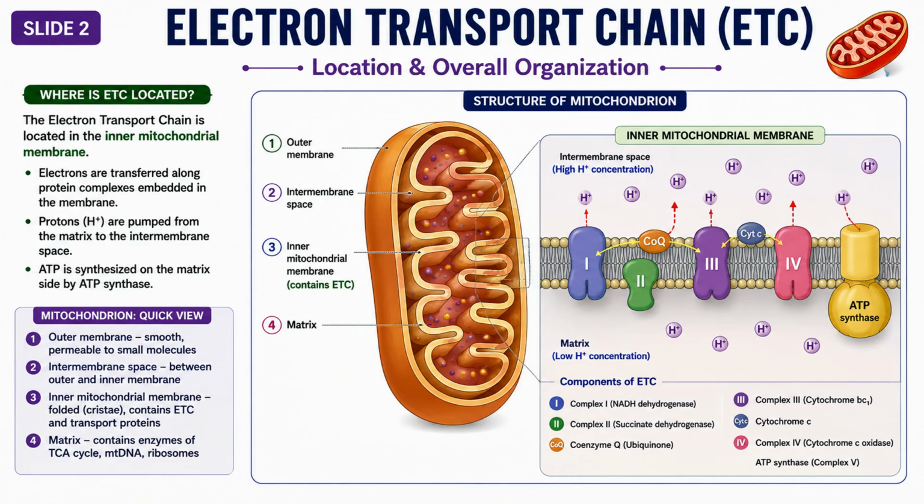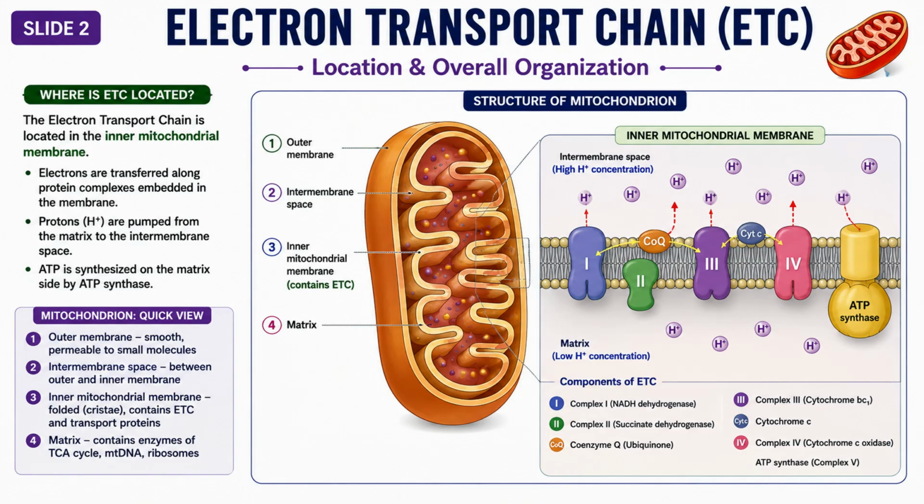ATP synthase, sometimes referred to as complex 5, is also present in the inner mitochondrial membrane and plays an essential role in ATP production. During electron transport, NADH and FADH₂ donate high-energy electrons to the ETC. As electrons pass through the complexes, energy is released and used to pump protons, or H+ ions, from the mitochondrial matrix into the intermembrane space.